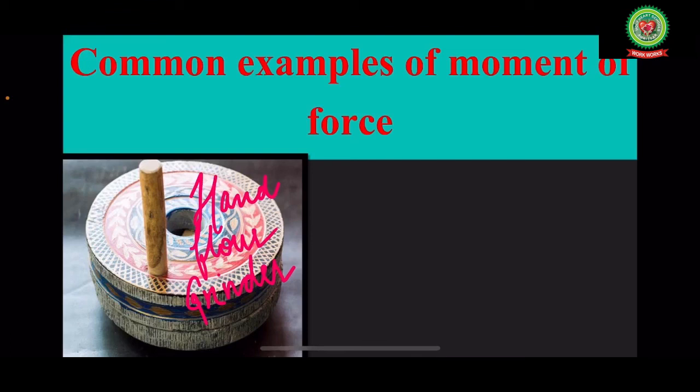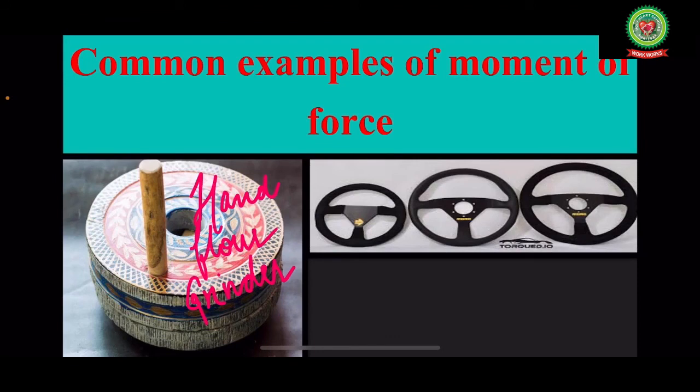The next is example of steering wheels of different diameters. This steering wheel has least diameter, this has a little more, and this is having the maximum diameter. The perpendicular distance of axis of rotation and line of action of force is less in this case. It is a little more in this case and it is maximum in this case.